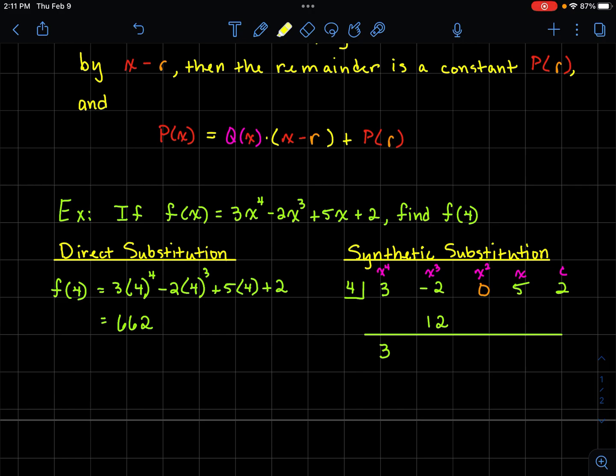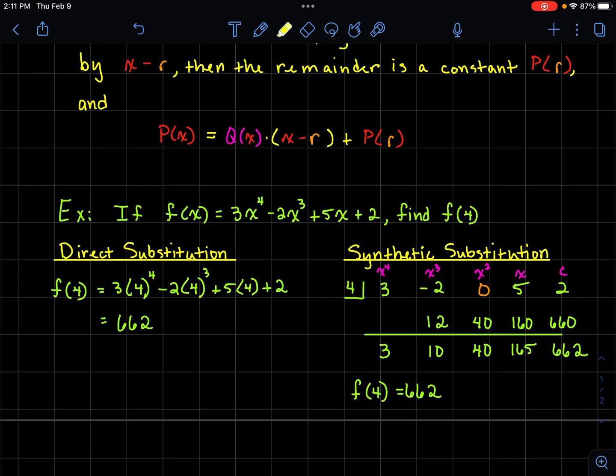So we're dropping the 3, multiplying 4 and 3, which gives us 12, combining negative 2 and 12 gives us 10, multiplying 4 and the 10, get 40, adds to give us 40, multiply 4 and the 40 together gives us 160, 5 and 160 gives us 165, 4 times the 165 is 660, and when we add the 2 and the 660 together, we get 662, so our remainder is going to be our answer.